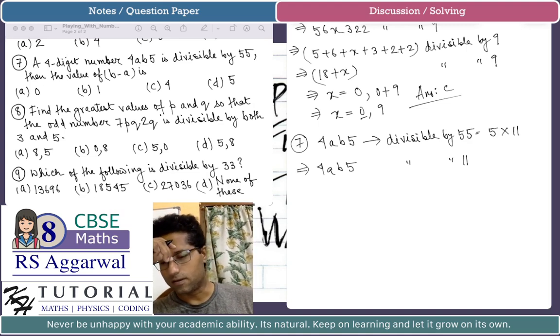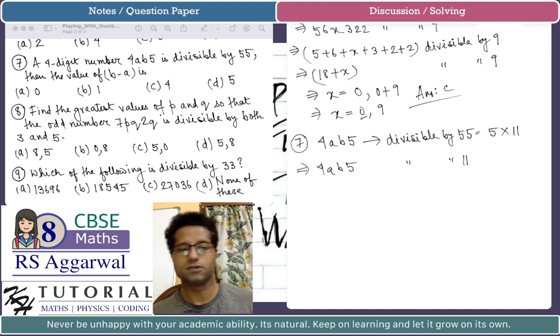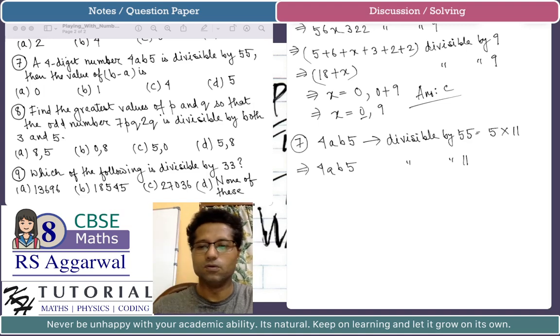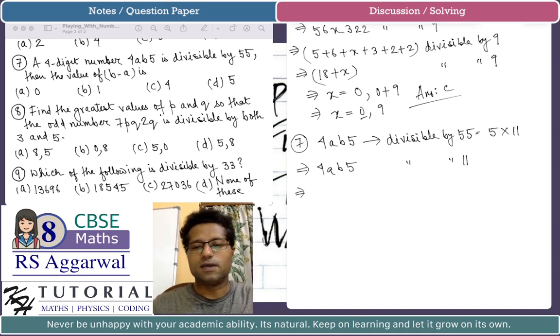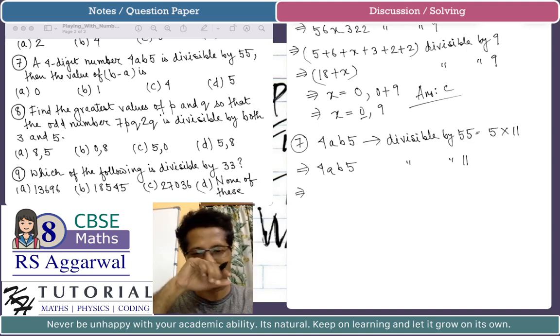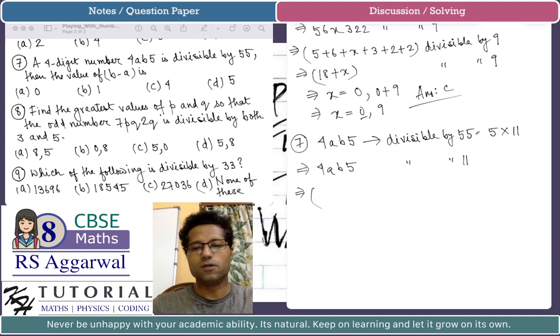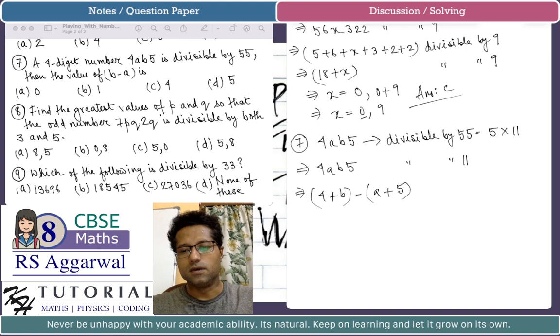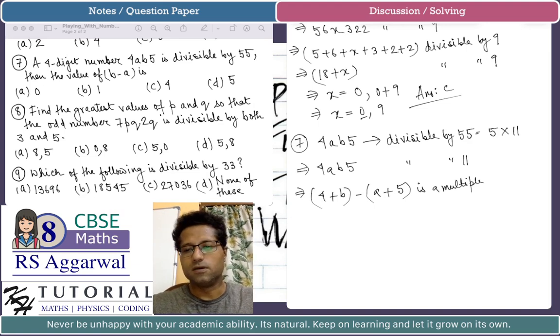The rule is that the difference of the sum of the digits at odd places and the sum of the digits at even places must be 0 or a multiple of 11. So if I take the difference of the sum of the digits at odd places and the sum of the digits at even places, I have 4 plus B minus A plus 5, which is 0 or a multiple of 11.